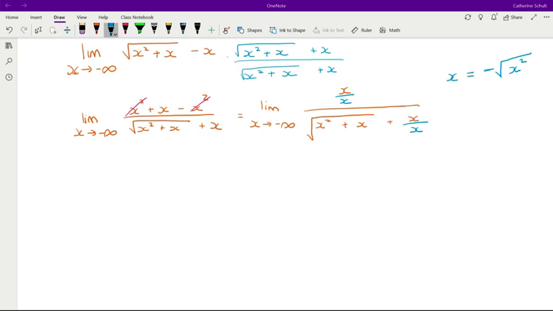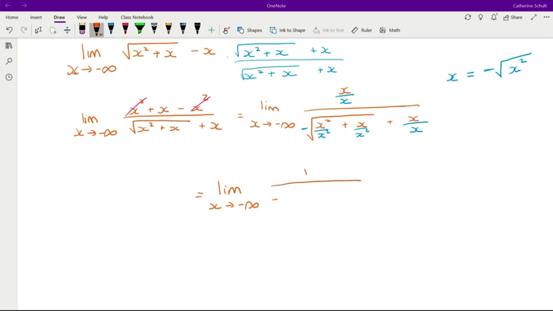So we're going to have to put a negative sign in front of that square root of x squared. So when we bring the x into the square root, we bring it in as x squared, and we're also going to need a negative sign. We did that a lot in chapter 2.